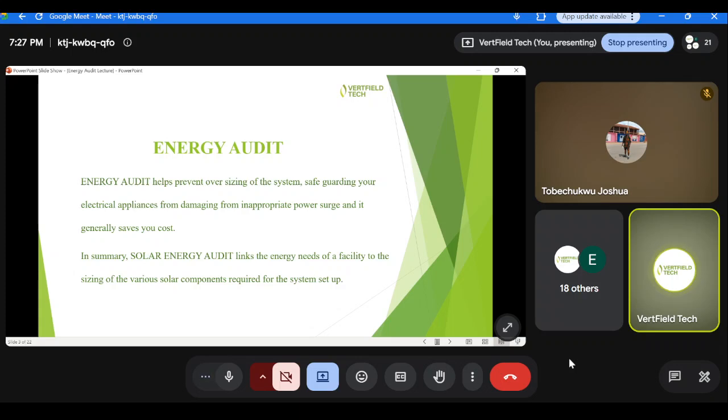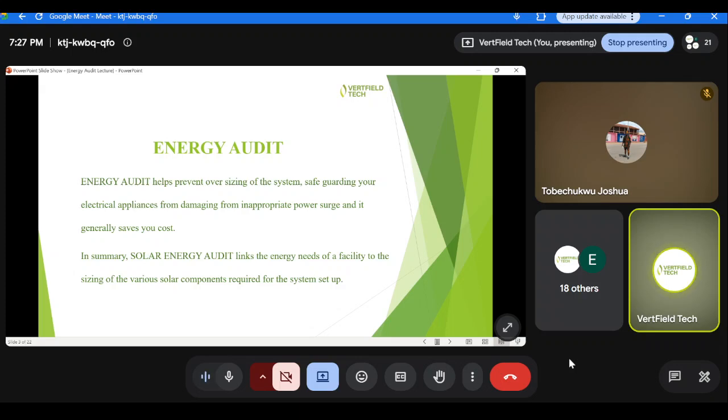Why? Because we have practically either oversized or downsized that system by not firstly asking certain questions, by not carrying out an energy audit on that facility, by not visiting that site to know what that facility contains and what the client actually needs.